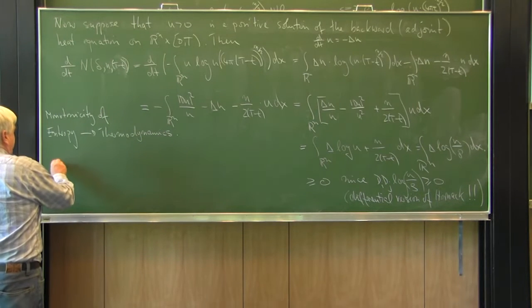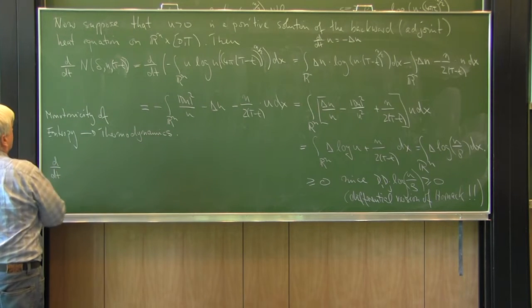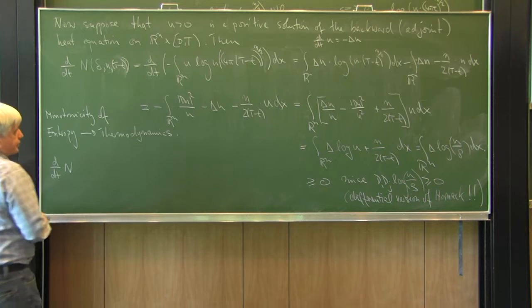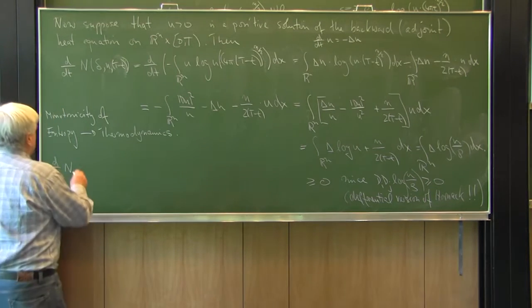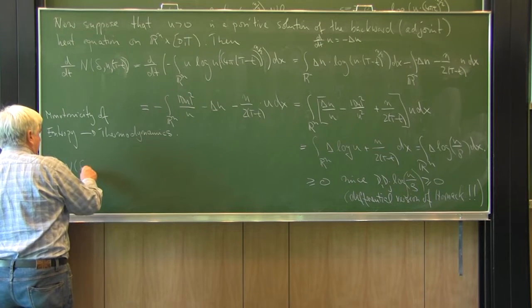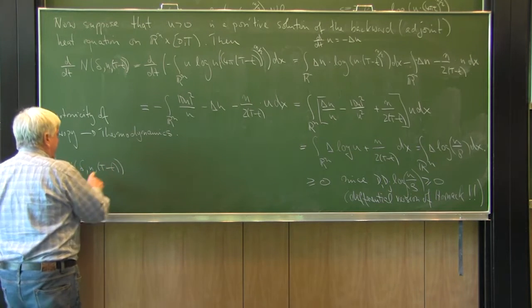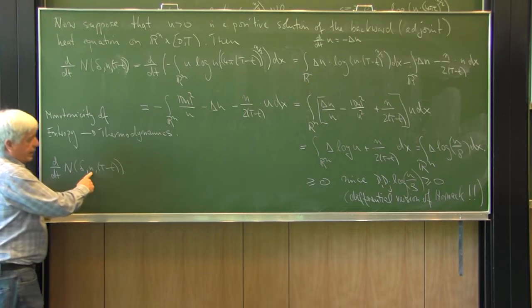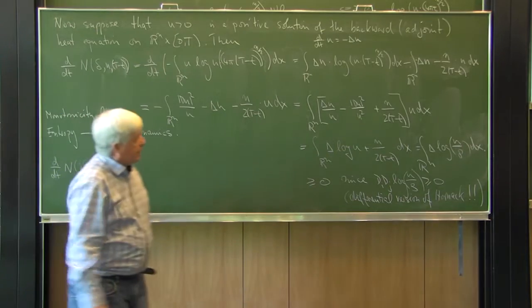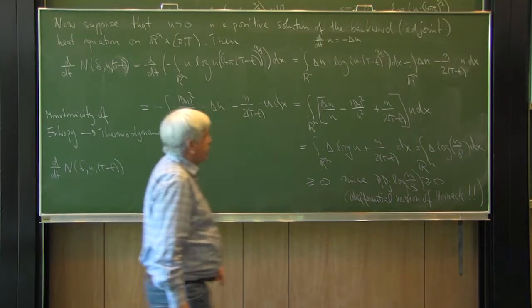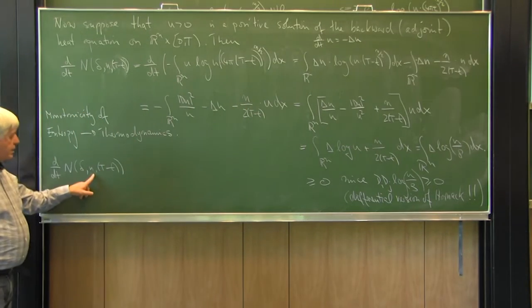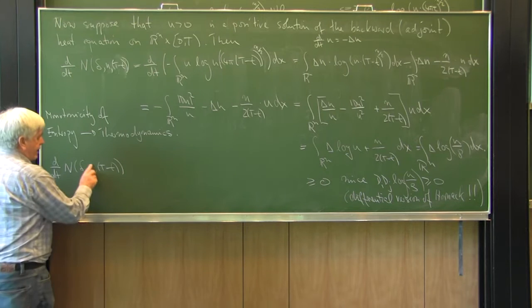So the other way to write this is d/dt of the entropy of u at T minus t. In fact, I should have written f here.